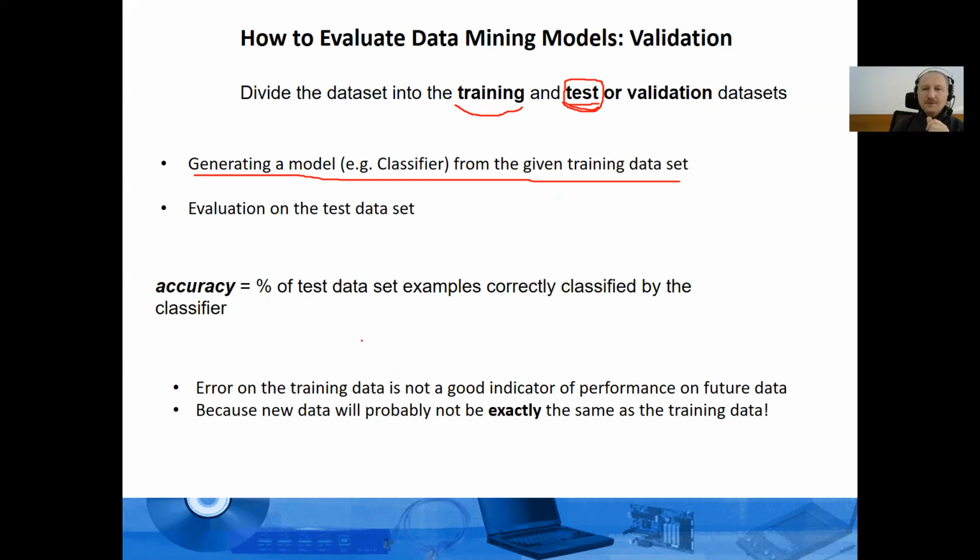If you do not use a test data set to report accuracy, you need to use training data to report the accuracy, but it is not a good indicator of performance on future data, because during training your machine learning or data mining algorithm used to see and use the training data. If you measure the accuracy of your model using training data, you may report the wrong accuracy.